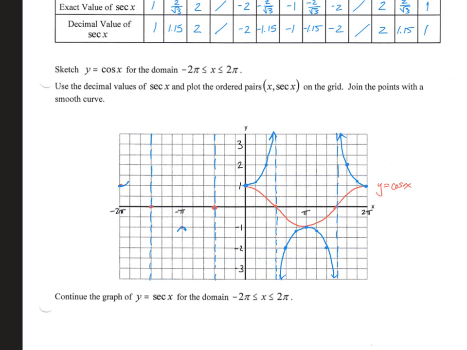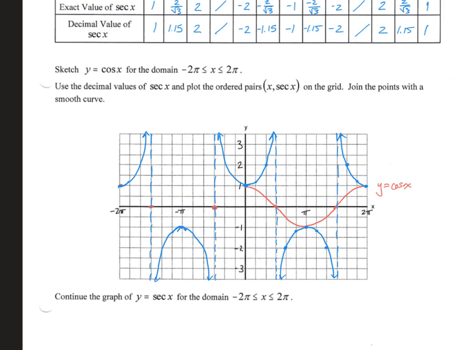So, a decently rounded curve. Then we have to be nice and rounded, nice and rounded. Same thing here. And there is how we use our cos graph to generate our secant.